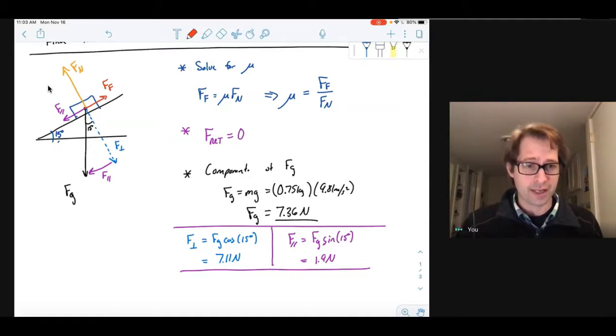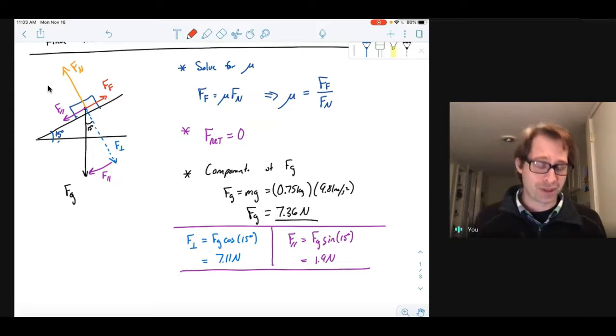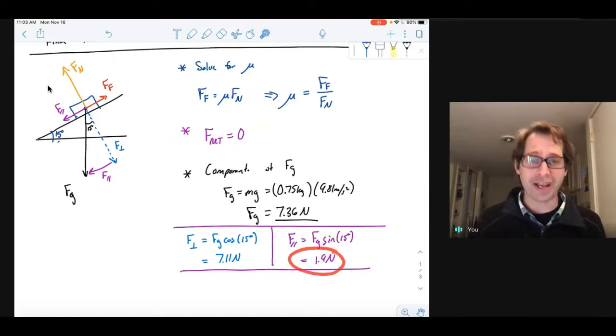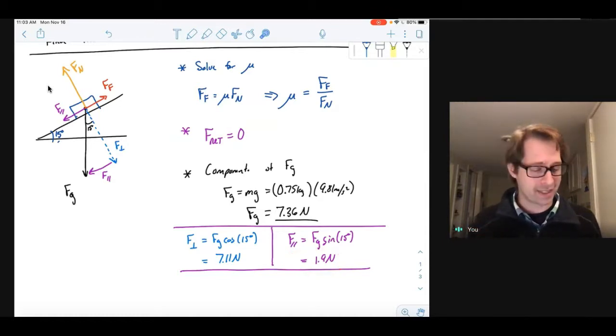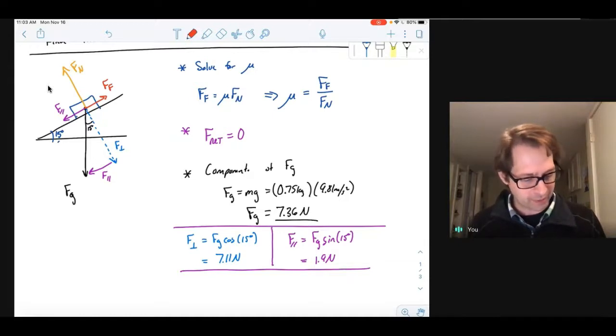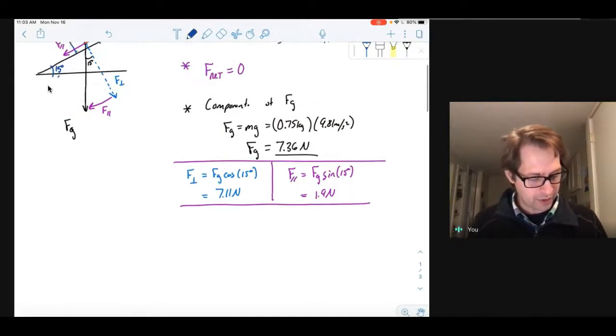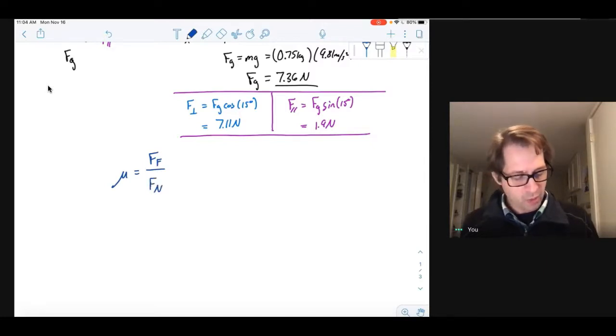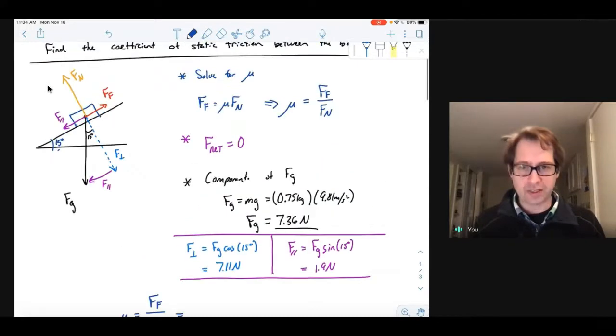So now we have enough information for us to solve, because I know that parallel force I've already calculated is 1.9 newtons. In my equation for coefficient, I can substitute that in for the frictional force and go from there. All right, so let's solve this out. I'm going to come back to the coefficient of friction is equal always to the frictional force divided by the normal force. We've already identified some of these forces.